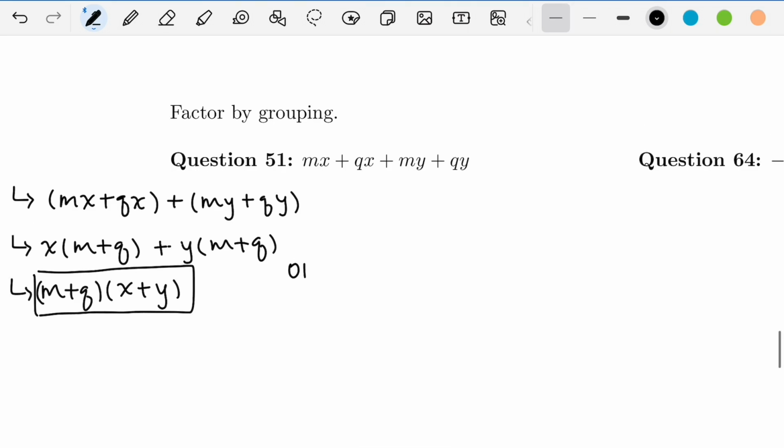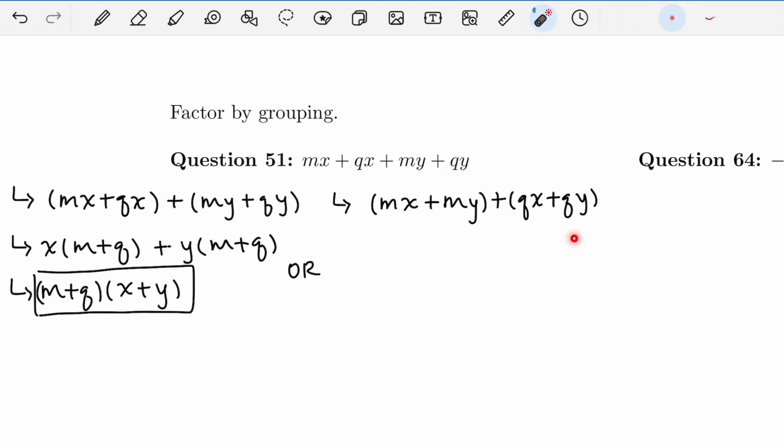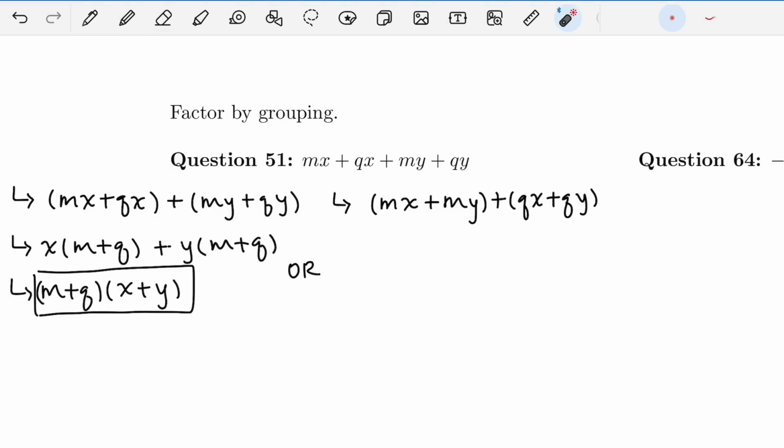Now, something else that I wanted to point out for this example is that we actually could have grouped these guys a little differently. We could have grouped the first pair as mx plus my, and then the second qx plus qy. Now the reason being is because we still have grouped these guys appropriately. This is because our first pair shares a common factor of m and our second a common factor of q.